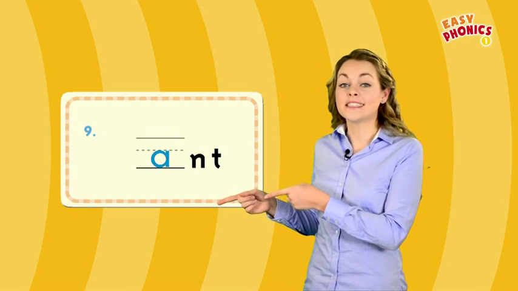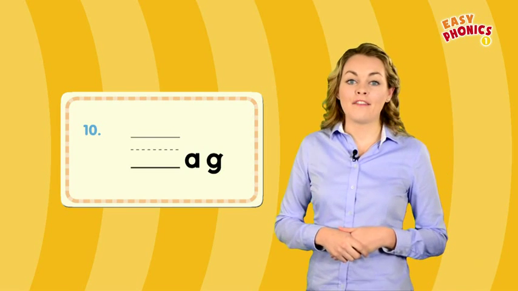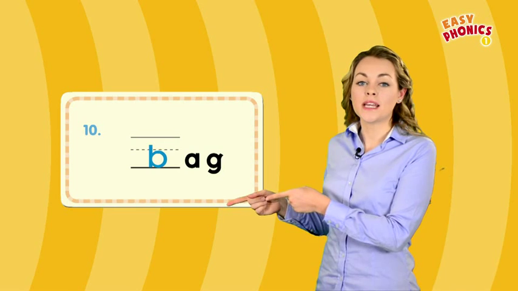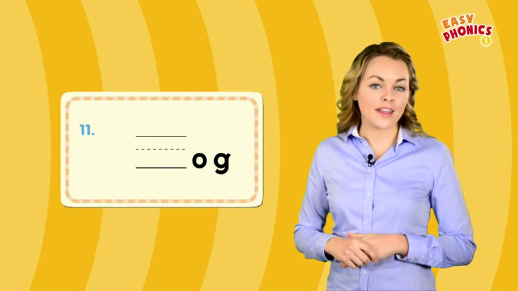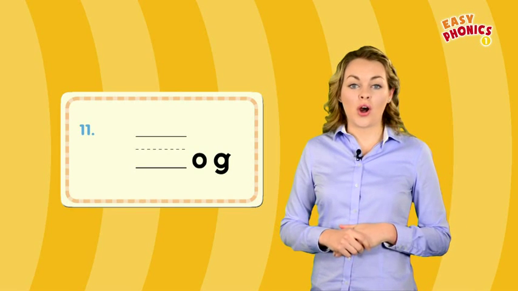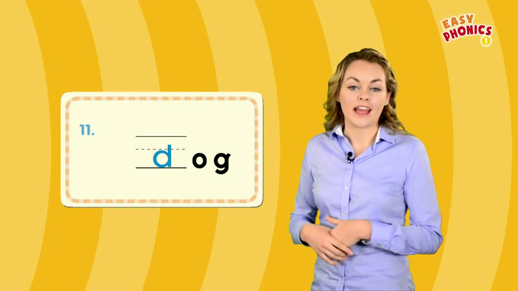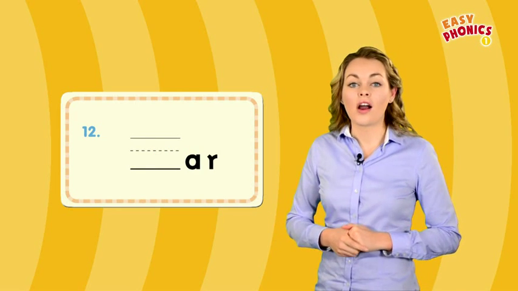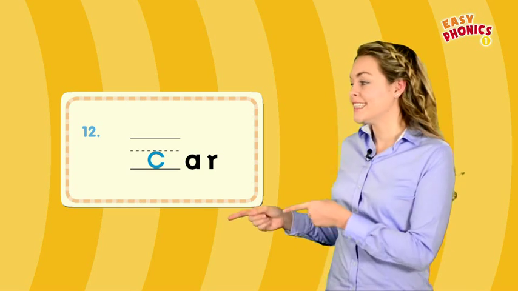Yes, it's an A. Okay. Number 10, we have a bag. Bag. And it begins with B. Okay, 11 is a dog. Dog. Begins with a D. And finally, number 12 is a car. Car. And it begins with the letter C.